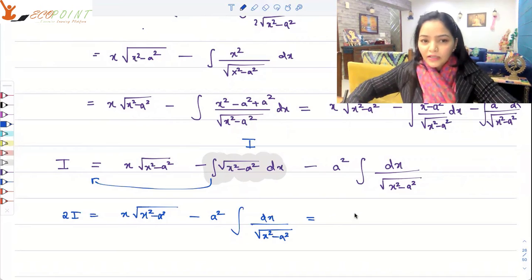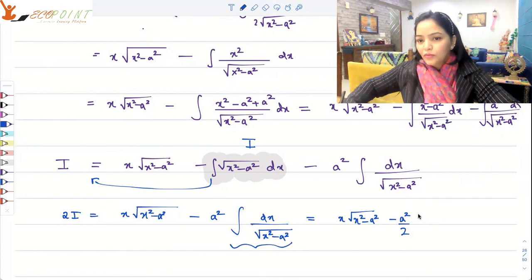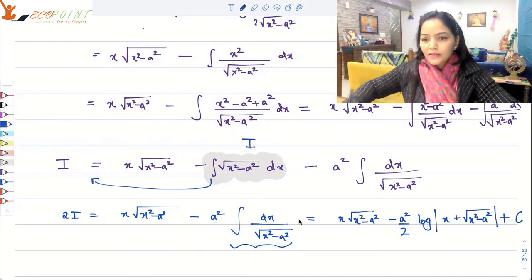And what I'm going to get here is the following. Try to recall. So you have a square as it is. And this integral gives you log of mod x plus square root of x square minus a square plus c.